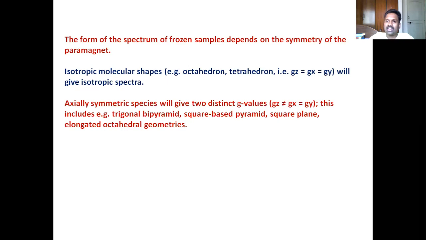So let the metal complex not be MA6 type, where A is a ligand, rather MA4B2 type.